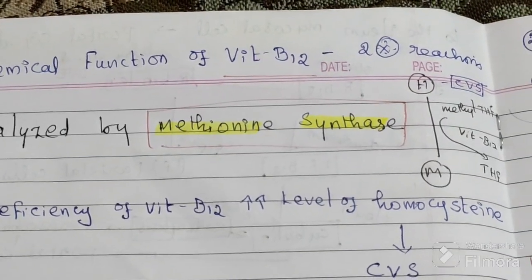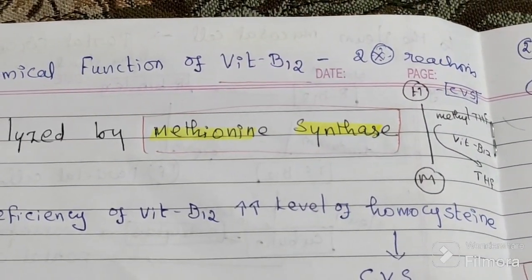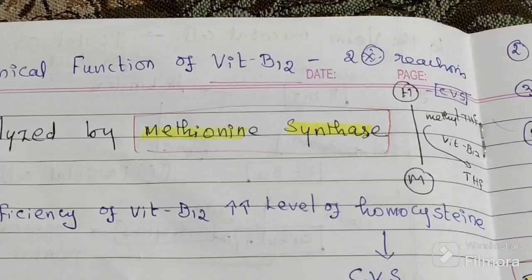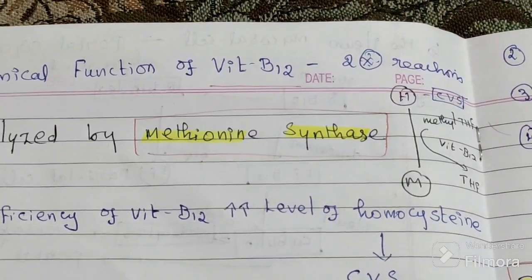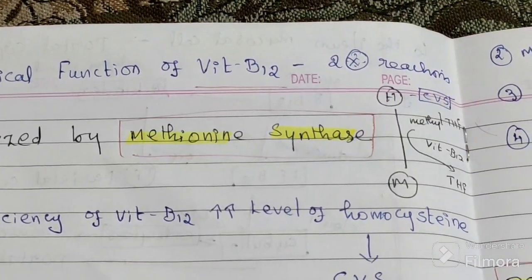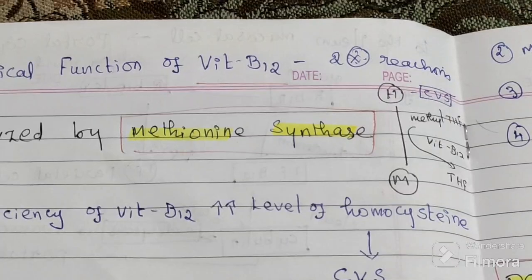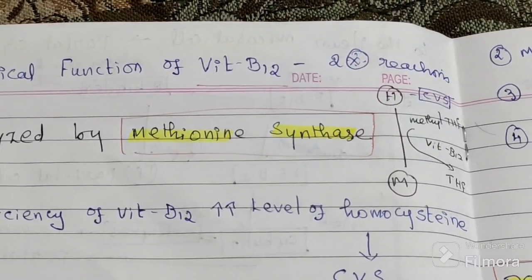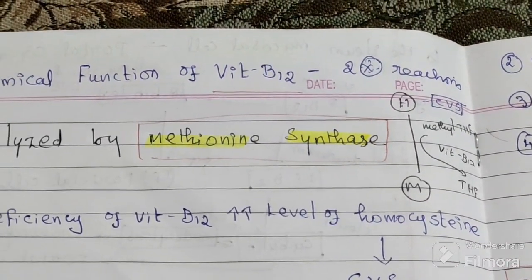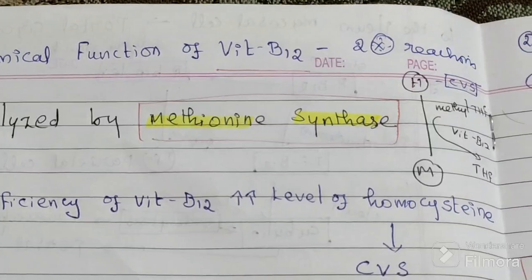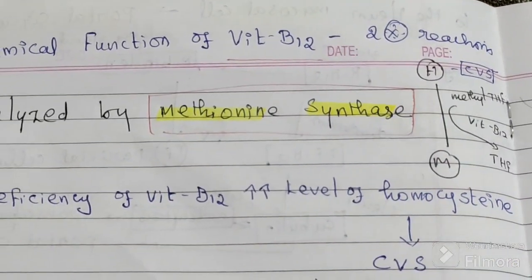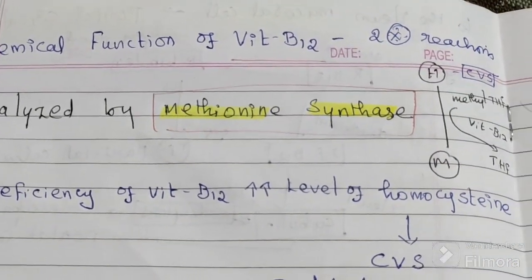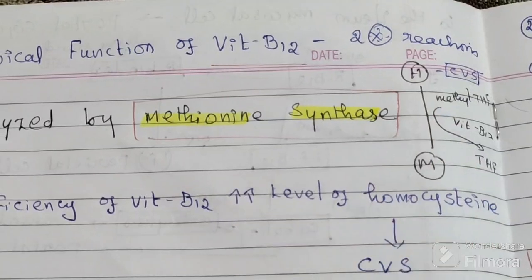So this is the methyl transfer reaction, also known as homocysteine methyltransferase or methionine synthetase. It's a B12 and tetrahydrofolate dependent reaction. In the deficiency of vitamin B12, there is an increased level of homocysteine.